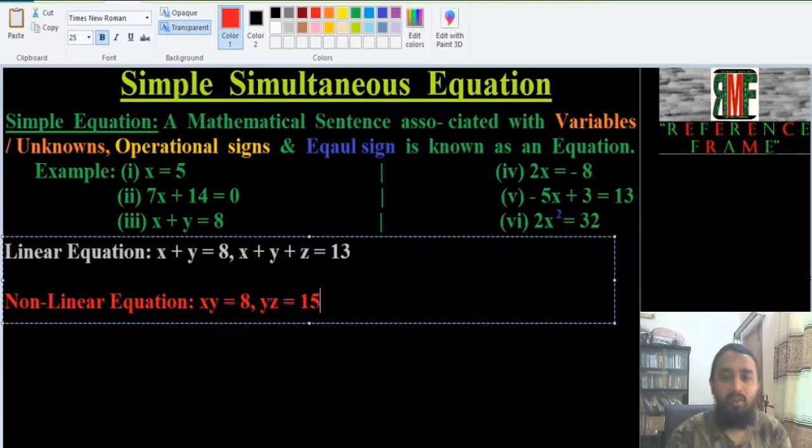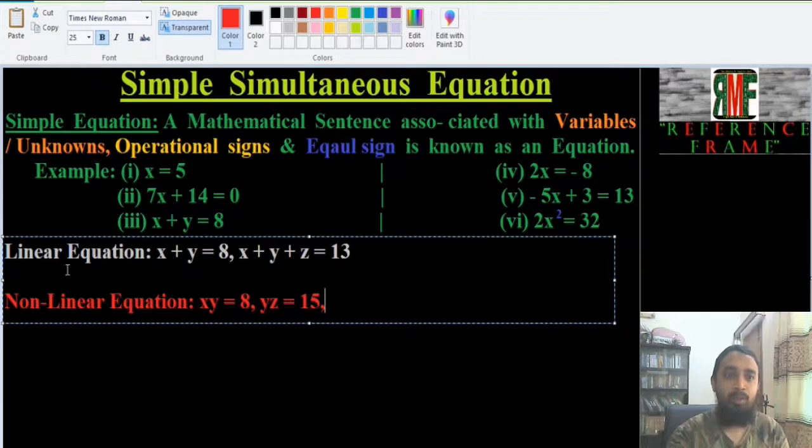That means for a non-linear equation, the total index must be bigger than 1 or less than 1. In short, when the index for each individual variable is 1, only then they are linear, else they are not linear. Okay, now we are moving into the simple simultaneous equation. So first of all, look, simple equation.